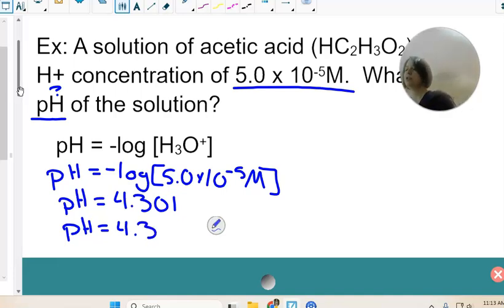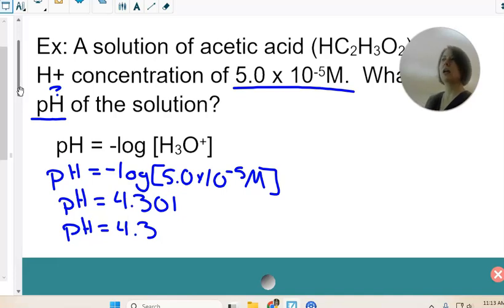Now, let's make sure that we answer the question and it makes sense. What is the pH? Yes, we answered the question. Now, 5.0 times 10 to the negative fifth. We know 10 to the negative fifth would be like 0.00005, and so that has between 4 and 5 zeros.